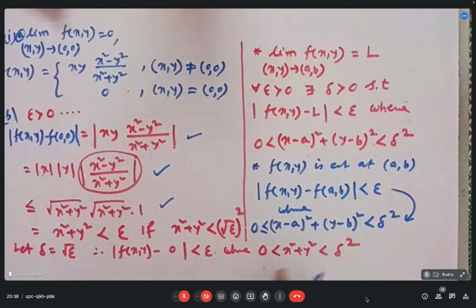At the last point, therefore, |f(x, y) − f(0, 0)| is less than epsilon whenever 0 is less than or equal to x² + y² less than delta². So the only change is in the last line. Since it is a question of continuity, you have to write it as equal to.